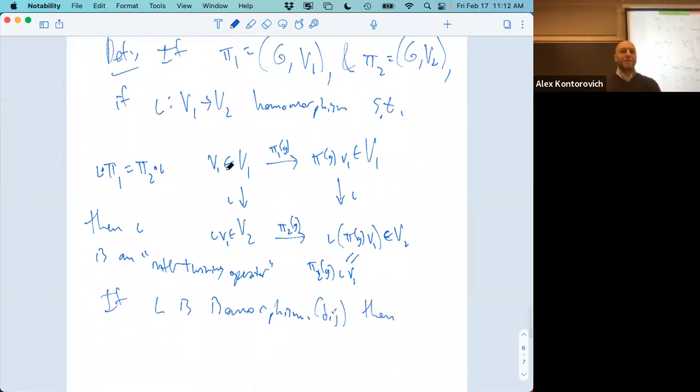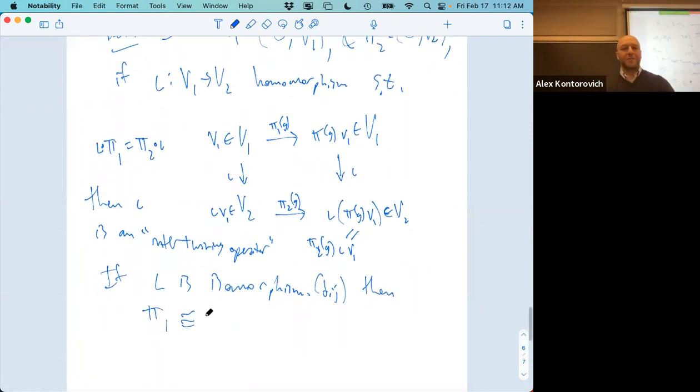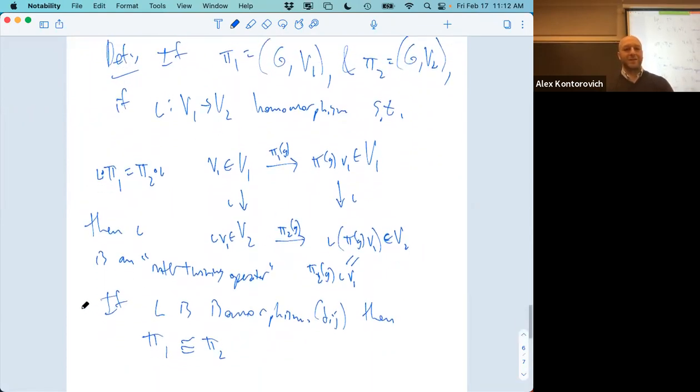Then basically we just have two different bases for the same thing, and G is actually the same action. So we call pi 1 and pi 2 isomorphic. This is a definition: if the intertwiner is an isomorphism, then the representations are isomorphic.